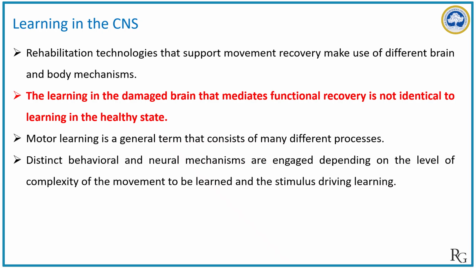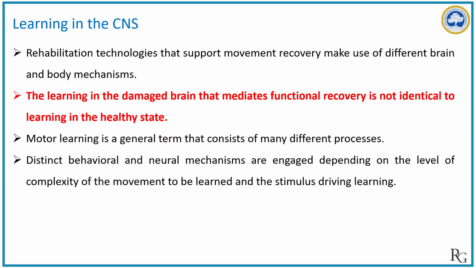One interesting point here is that learning in a damaged brain is not exactly the same as learning in a healthy brain. In a healthy brain, motor learning, like when you learn to ride a bicycle or play a new sport, relies on establishing new learning pathways within the existing neural network.